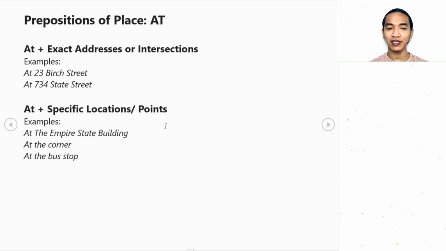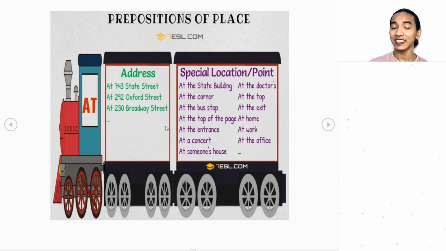You're not really pertaining to if it's inside or on, so you're just using at here. When you're talking about a specific location: at the corner, at the bus stop. So this is just the summary when we're talking about an address and specific location or point. So we use at. Example, like at the door, you're not on the door, you are not inside the door, but at that point only.